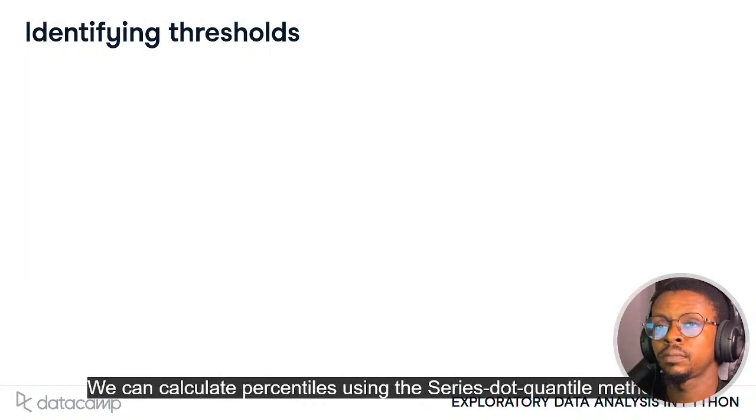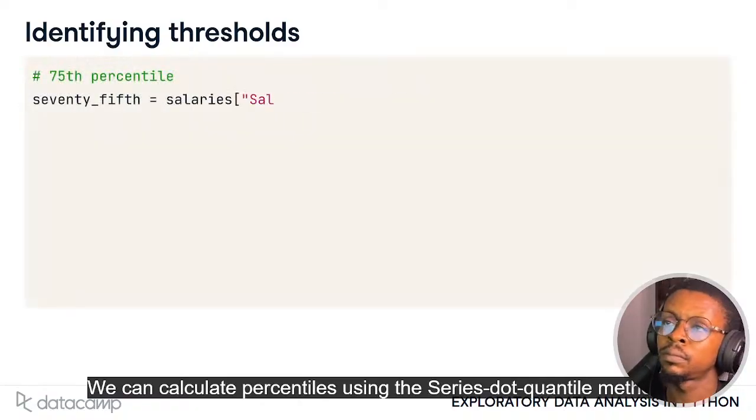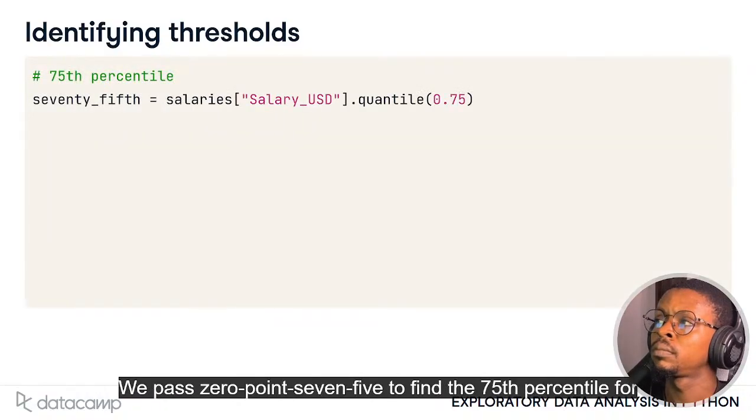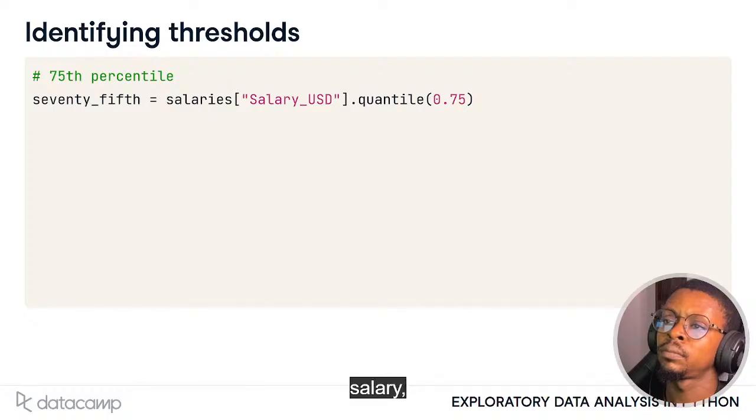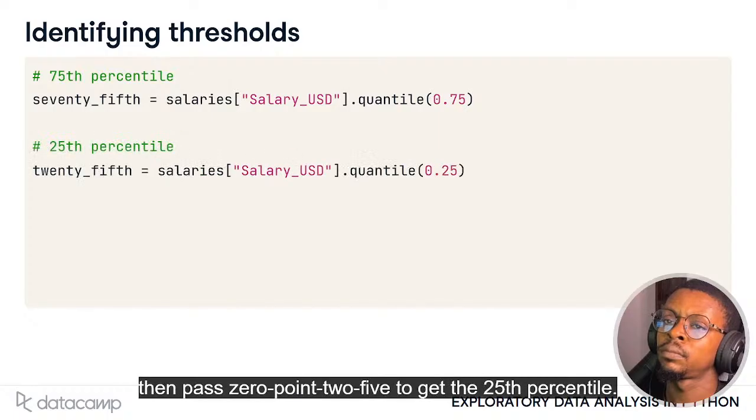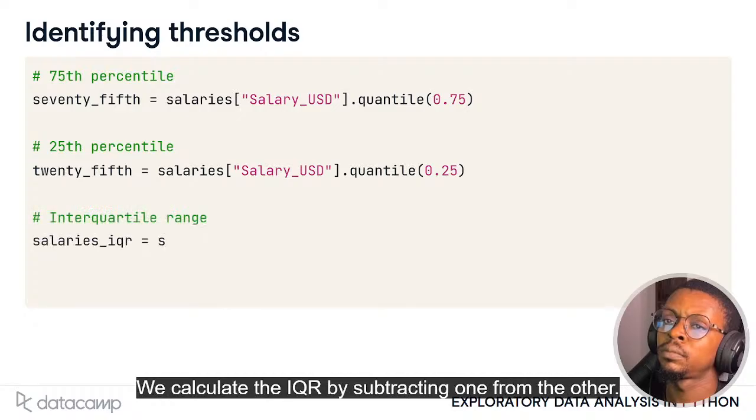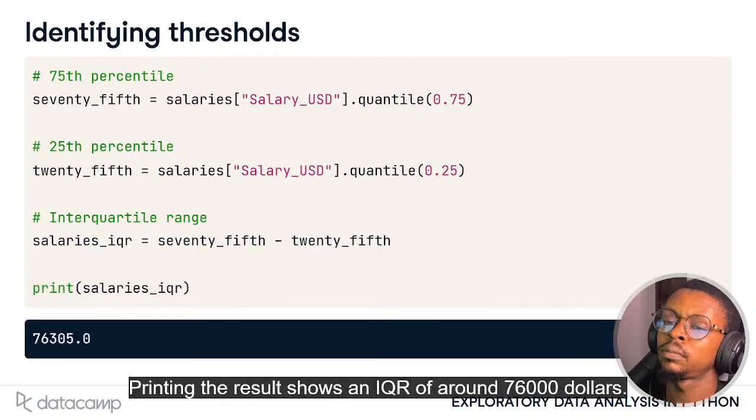We can calculate percentiles using the series.quantile method. We pass 0.75 to find the 75th percentile for salary, then pass 0.25 to get the 25th percentile. We calculate the IQR by subtracting one from the other. Printing the result shows an IQR of around $76,000.